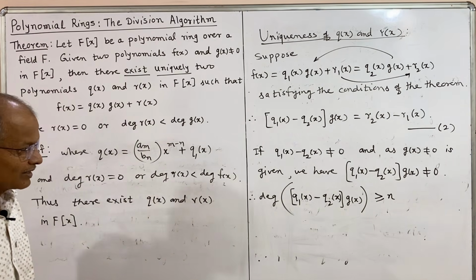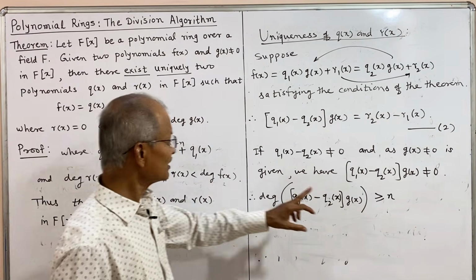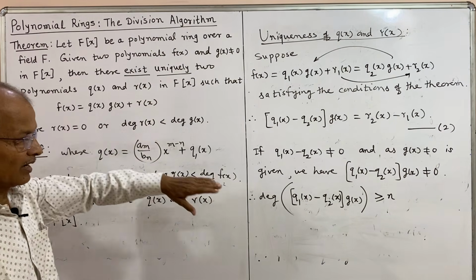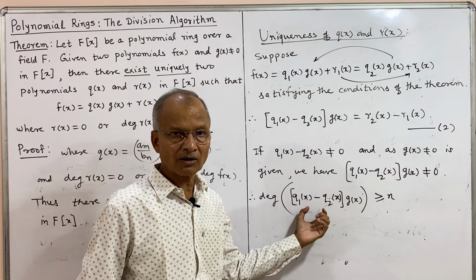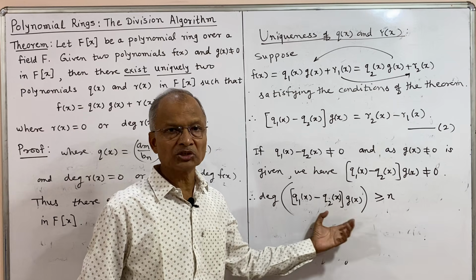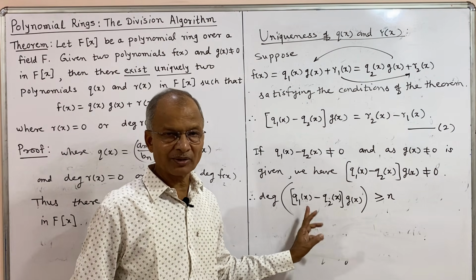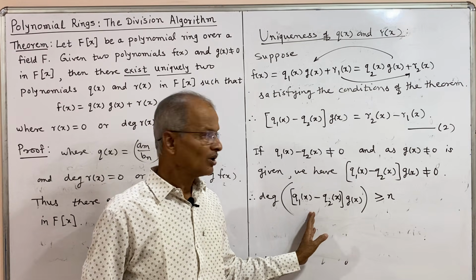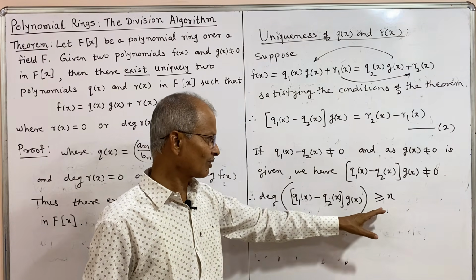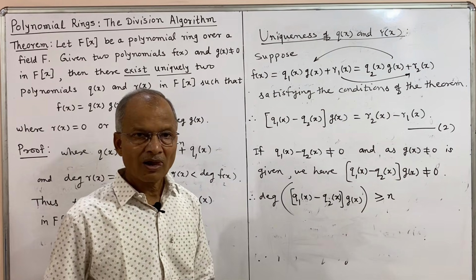See why this is so: because the degree of g is n, and the degree of a product of two polynomials is the addition of the degrees. So this is n plus this number, which may be 0 or greater than 0. So therefore this will be greater than or equal to n.